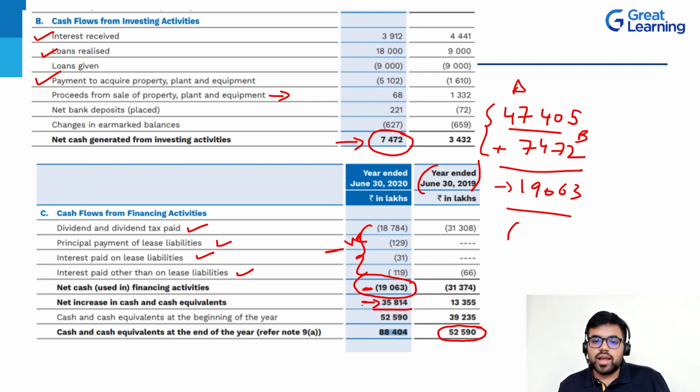So this value is posted here because the end of the previous year's cash flow entry would be this year's beginning cash flow entry. This added with the net increase in cash flow would give us the equivalent for this year's end, 2020's end, and it would be marked as 2021's beginning.